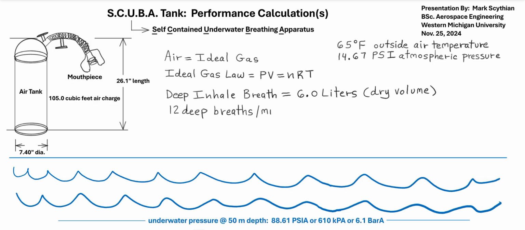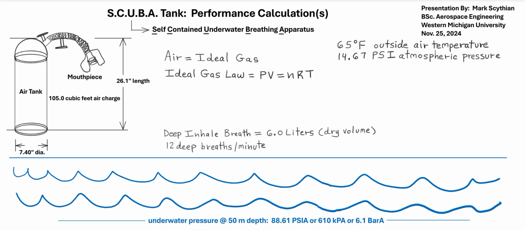So then we can estimate there are 12 deep breaths per minute to sustain safe and functional underwater application, and a deep inhale breath for human lung capacity is 6 dry liters of air.